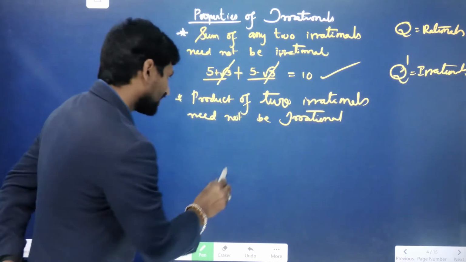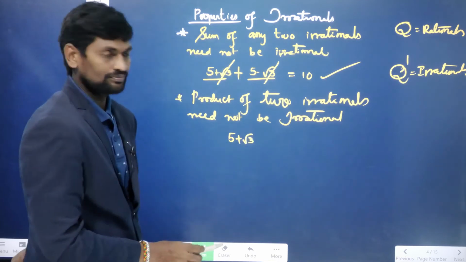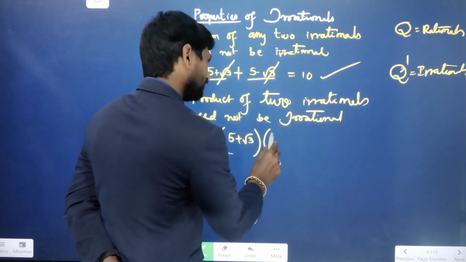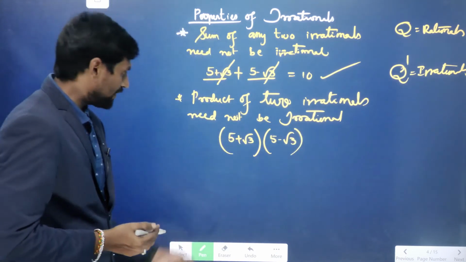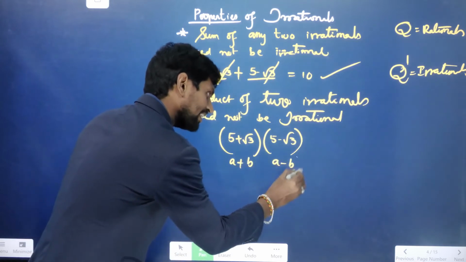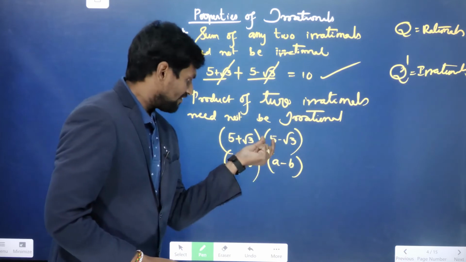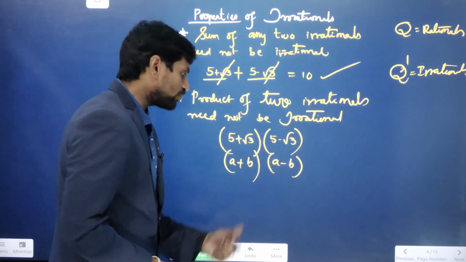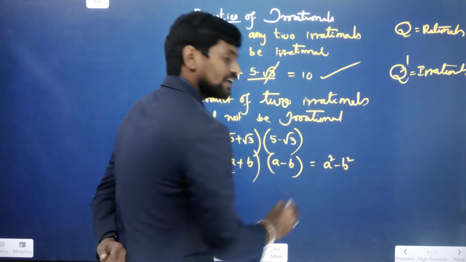Same example, 5 plus root 3 into 5 minus root 3. When you multiply, it is in the form of a plus b into a minus b. Just compare: a value is 5, b value is root 3. By the algebraic identity, a plus b into a minus b is a square minus b square.